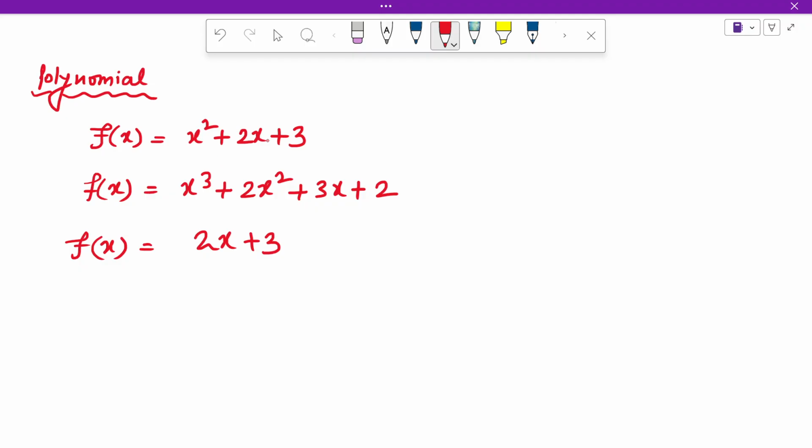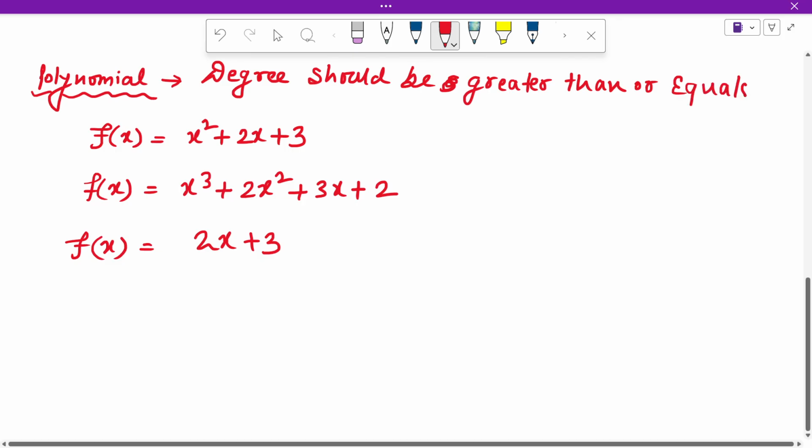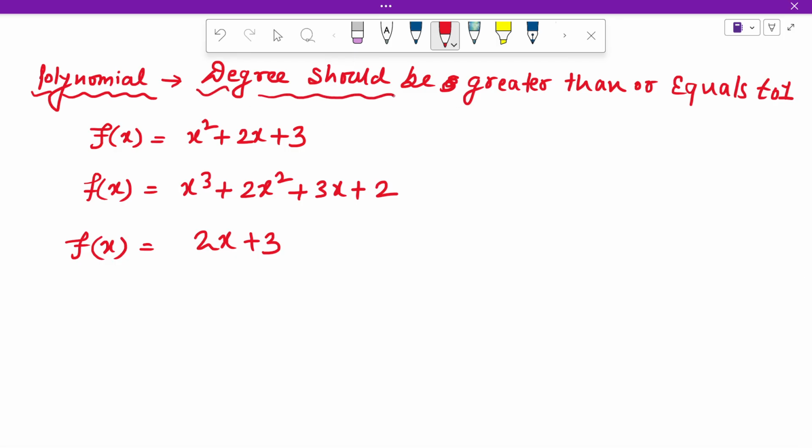All of the above written expressions are polynomials only because the degree should be 1 or more than 1. What I am saying is its degree should be greater than or equals to 1.